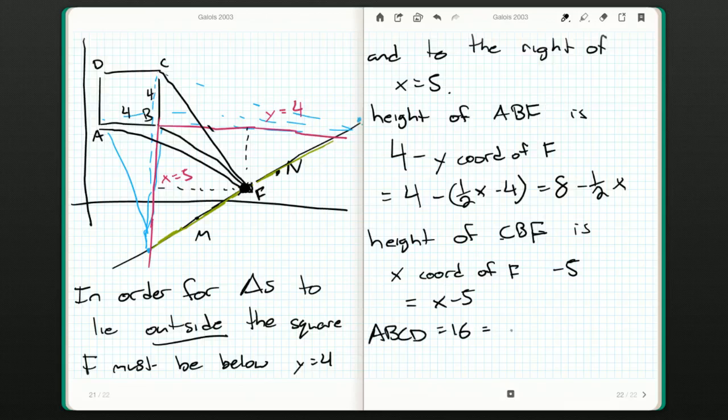So we have an area of 16, and we want to add on ABF plus CBF. When we add those two together, we should get a value of 16. So 1/2 base times height, 8 minus 1/2 x, plus 1/2 base times height, x minus 5.